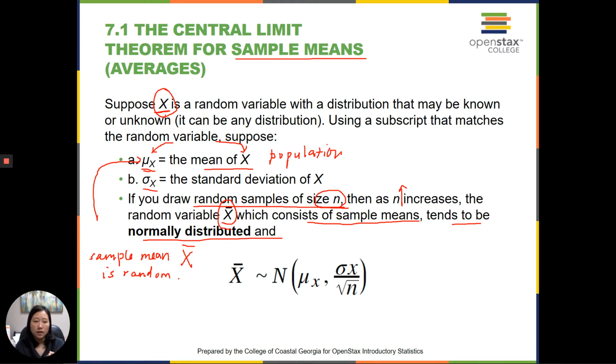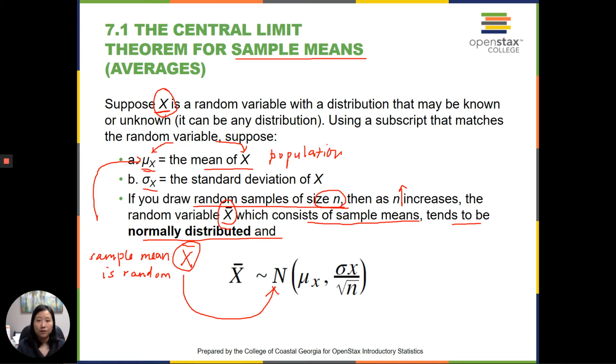Basically we're saying that if we make the sample big enough, then this sample mean, this random variable, not the x itself, because x can have any kind of distribution, but the sample mean, is going to be normally distributed. That makes sense?